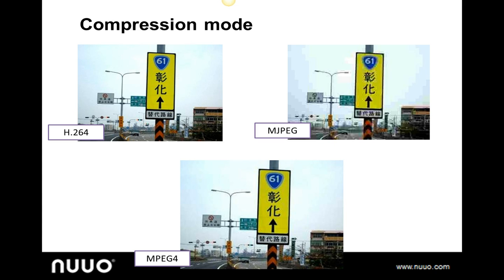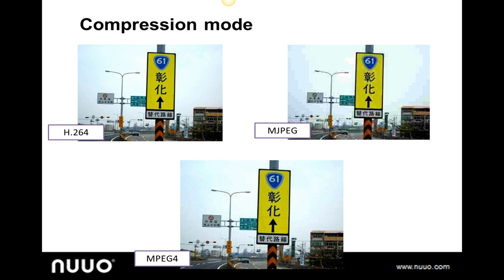Okay, so here is the compression mode. In the current market, there are three types of compression mode that are usually used in IP cameras: H.264, MJPEG, and MPEG-4. What's the difference?